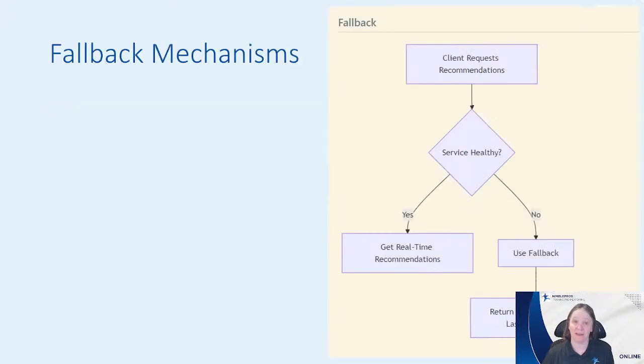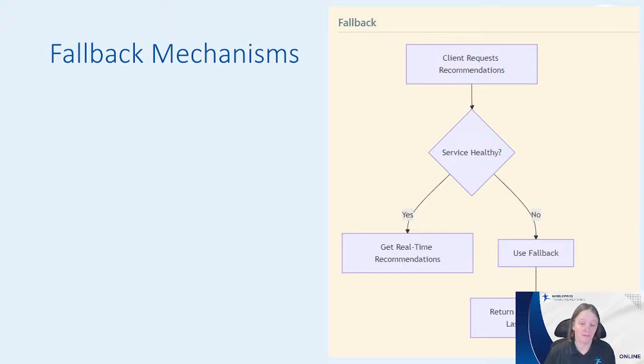Fallback mechanisms, again, comes back. So again, if our movie recommendation is just not cooperating with us, you'll see here a service healthy check. So that's, again, health checks. Health checks are good, so you can check to see, is this really a healthy service? It is? Okay, then make the call to the recommender. Oh no, the service isn't healthy? Okay, now we have to fall back.